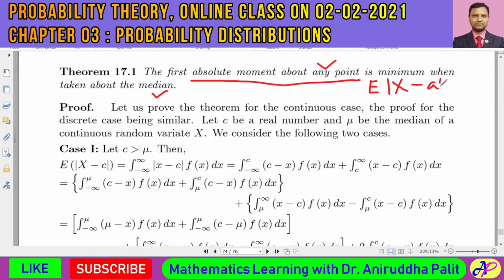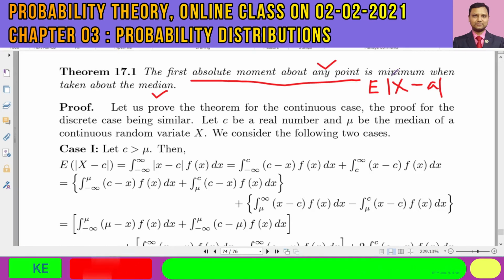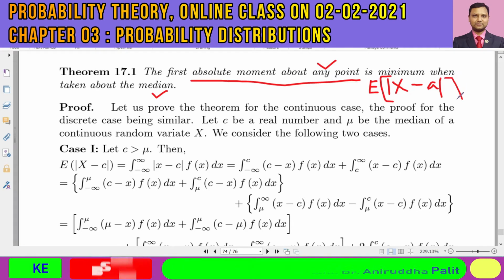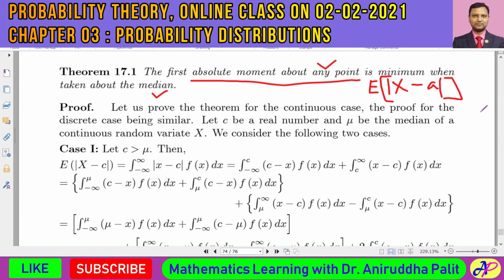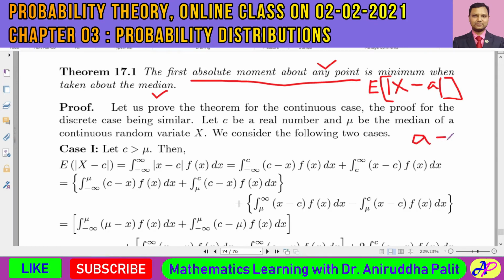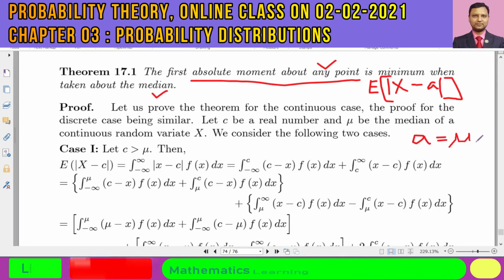Expectation of this kind of quantity, expectation of modulus x minus a, that is the first absolute moment. Absolute is used to denote this modulus. The first absolute moment about this point a would be minimum whenever this a is equal to mu, the median.